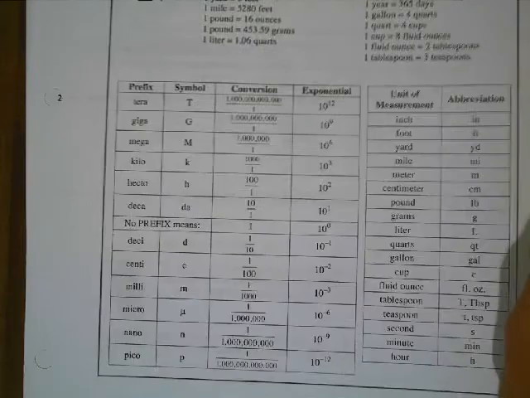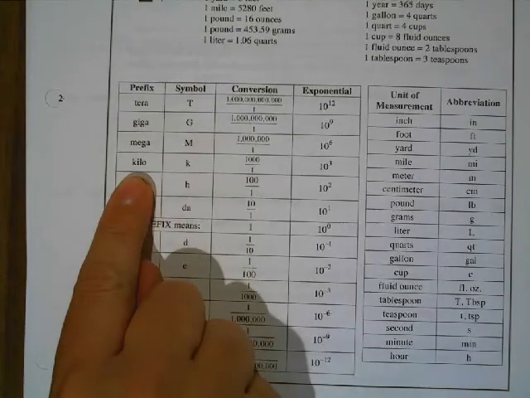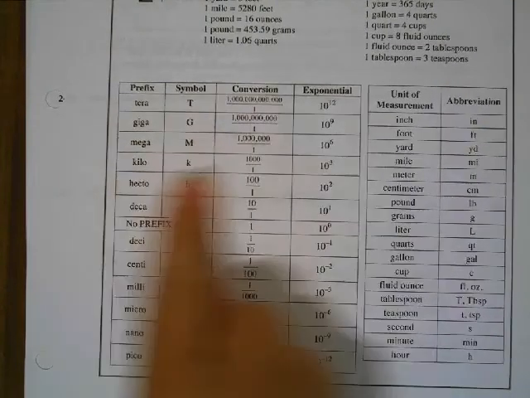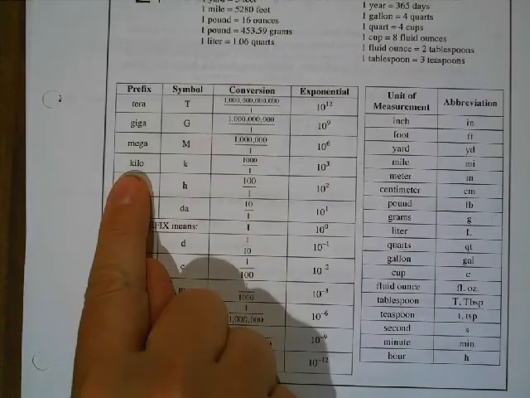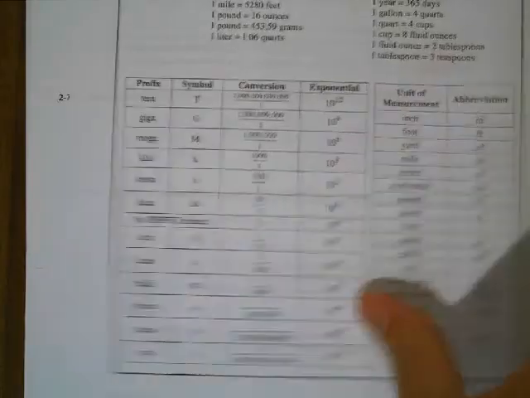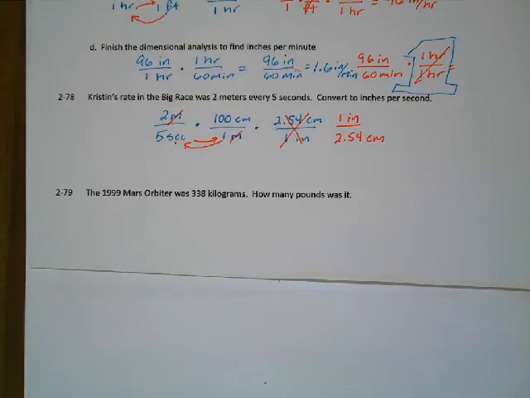If you don't know what a kilogram is, kilo means there's 1,000 grams in 1 kilo. So I want you to go ahead and convert from kilograms into pounds.